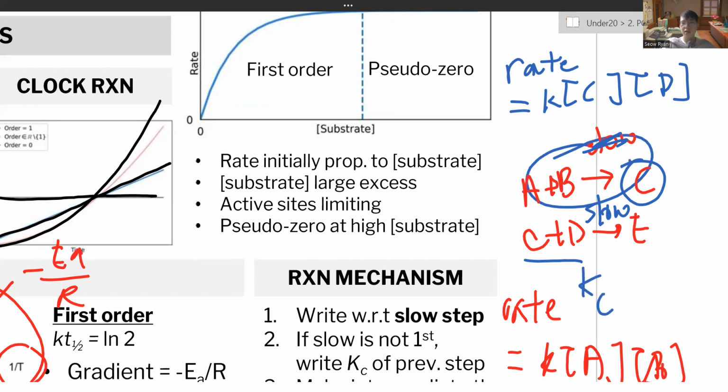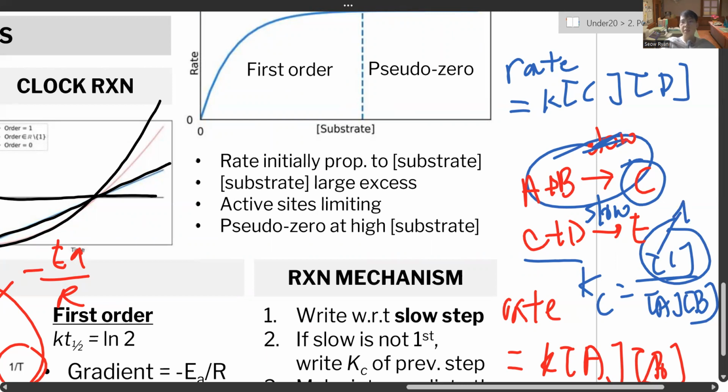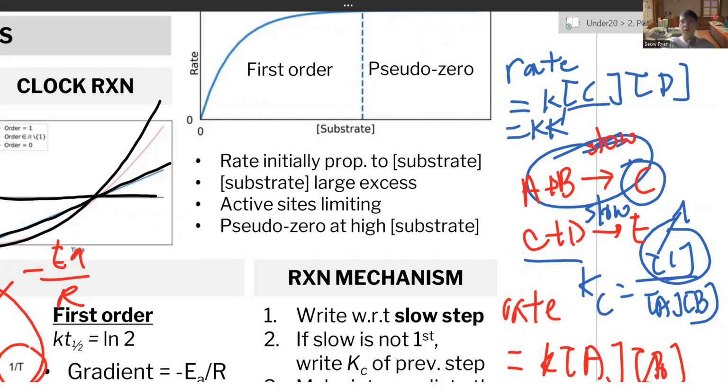Kc equals C over A times B. You make C the subject, so C equals Kc times A times B. You just replace this C here by AB, and that's your rate equation.